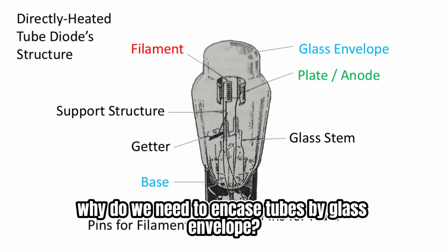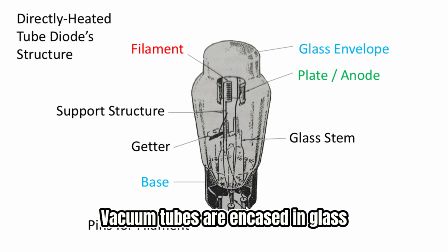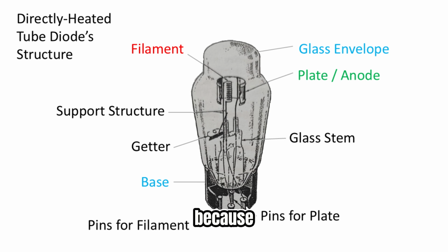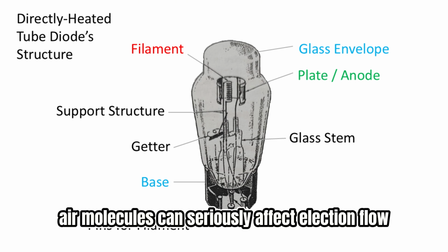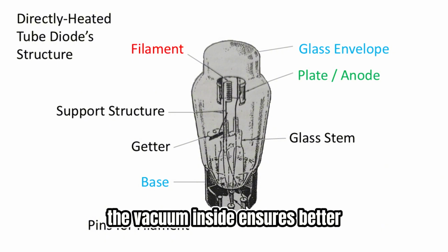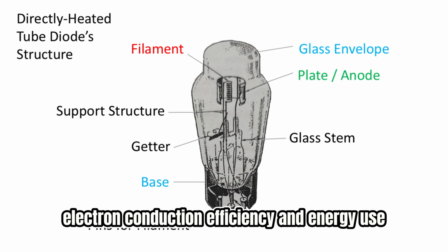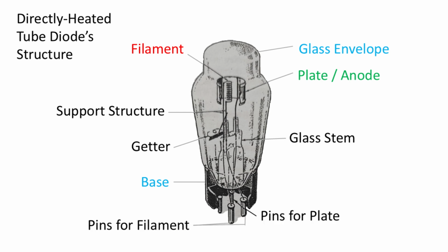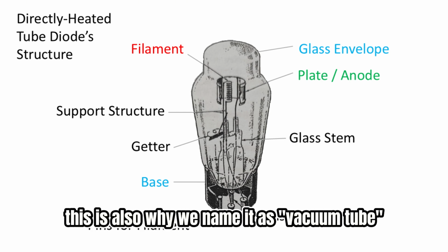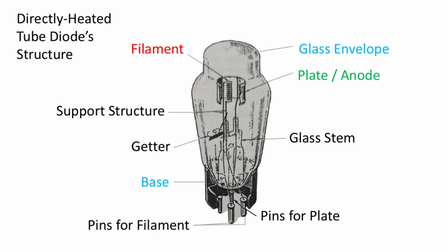You may wonder, why do we need to encase tubes by glass envelope? Vacuum tubes are encased in glass because air molecules can seriously affect electron flow and conduction. The vacuum inside ensures better electron conduction efficiency and energy use. This is also why we name it as vacuum tube.